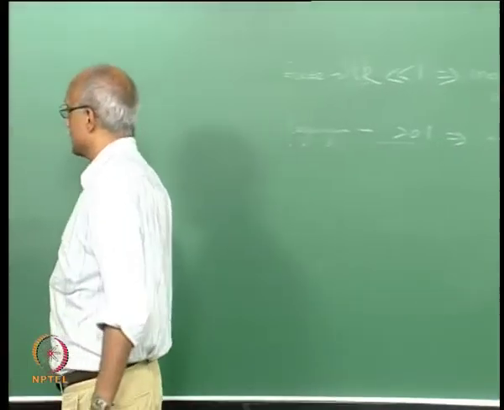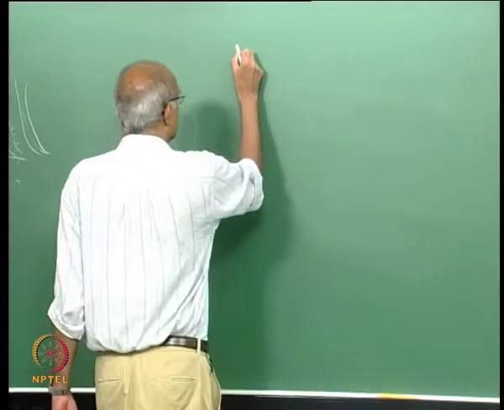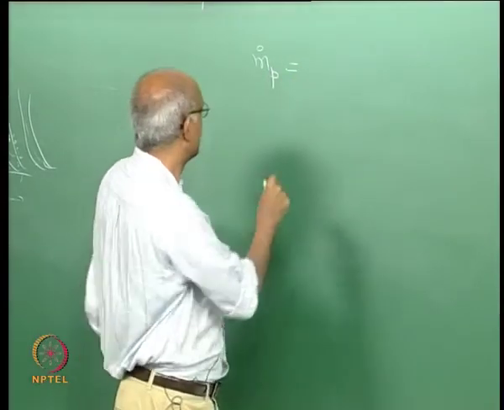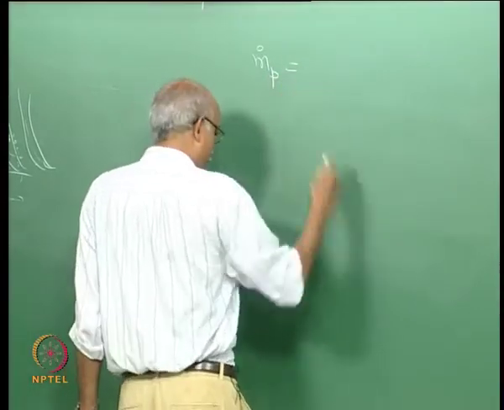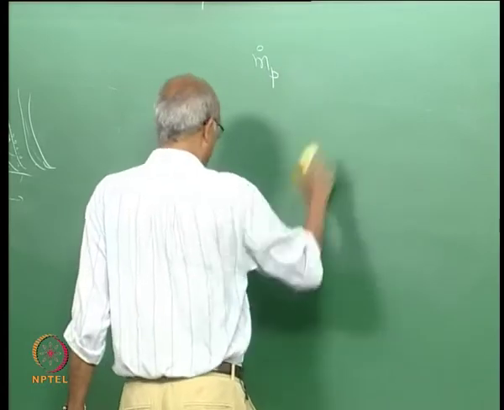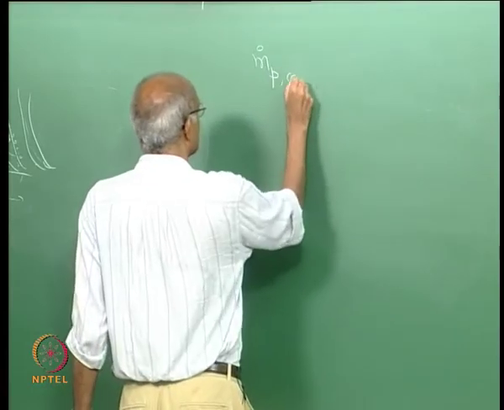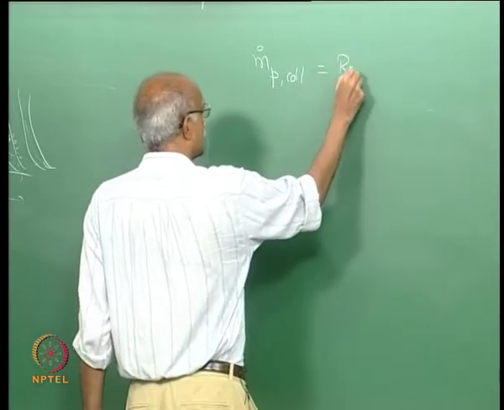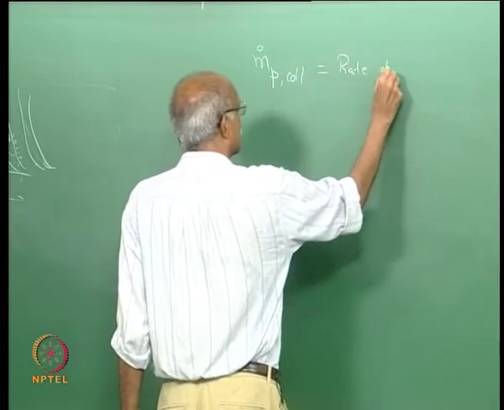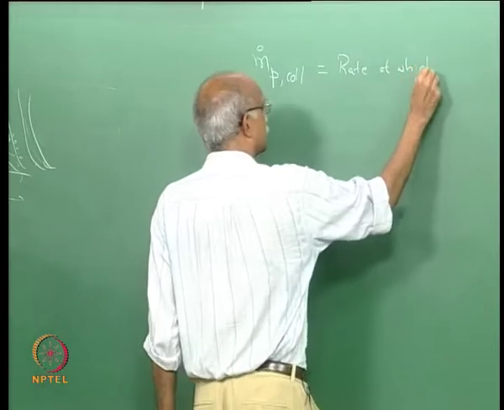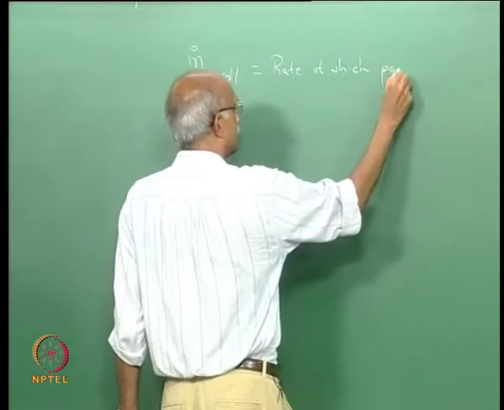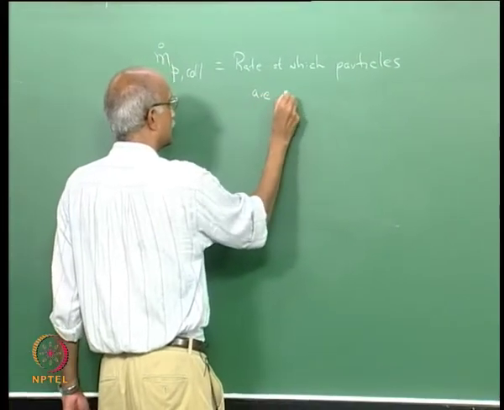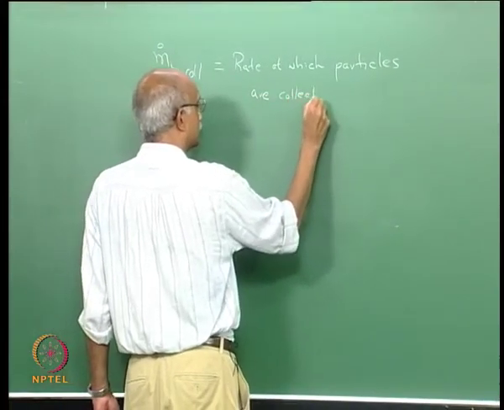Let us say that there is some collection rate, m_p dot, let's call that m_p dot collection, which is the rate at which particles are collected on the surface.